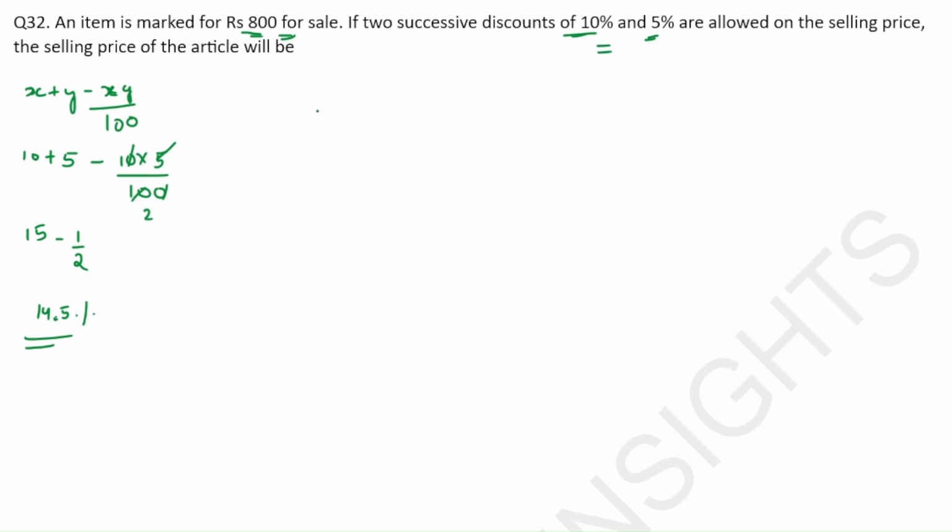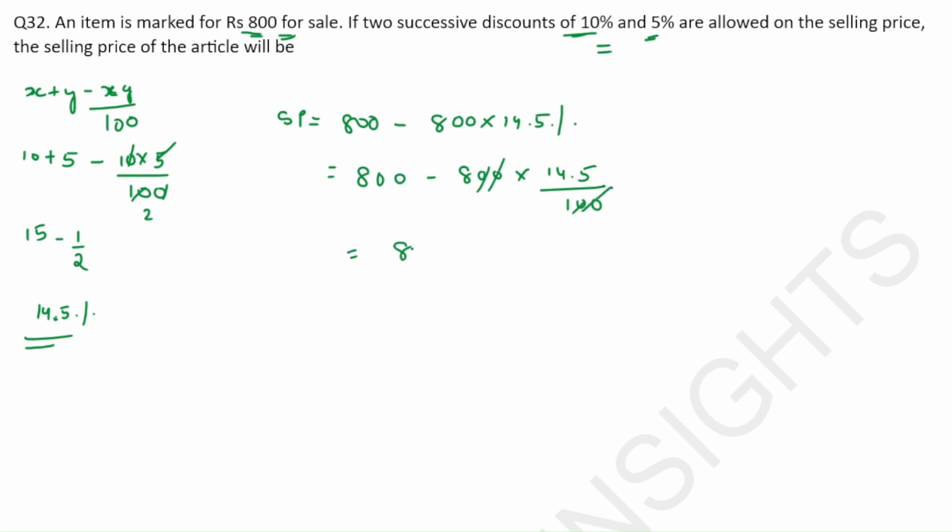Okay. Use this formula. So to find the SP, the mark price is how much? 800, right? Minus, from 800, 14.5% is how much? So if you solve this, 800 into 14.5 divided by 100, the zeros cancel.